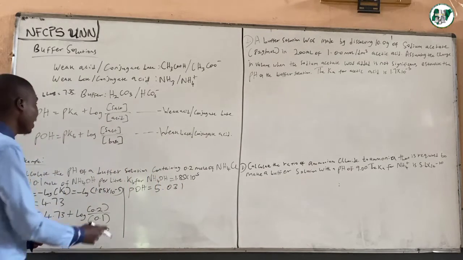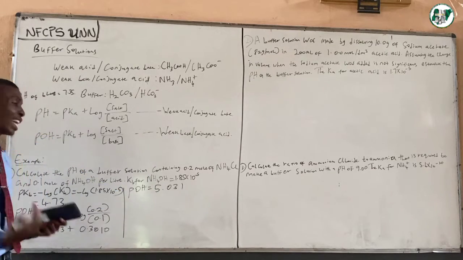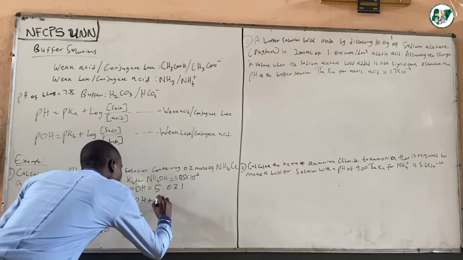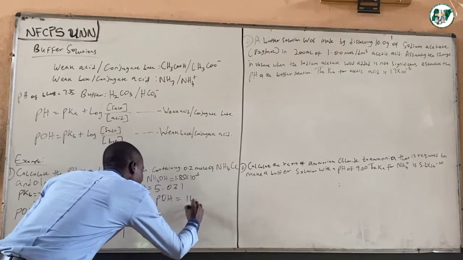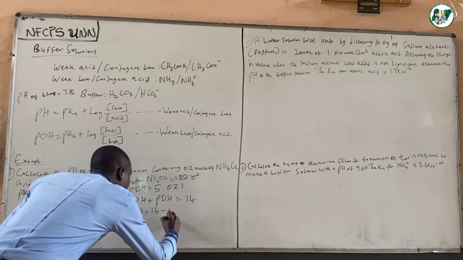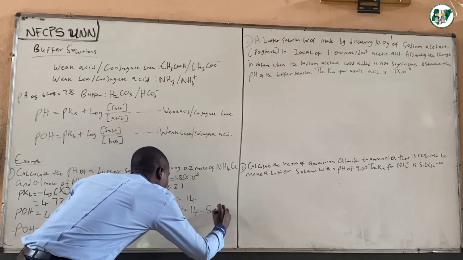And what we have from the Henderson-Hasselbalch equation is pOH. So for us to get the pH, we know that pH plus pOH is equal to 14. It simply means that our pH is equal to 14 minus pOH, which we now make 14 minus 5.031.